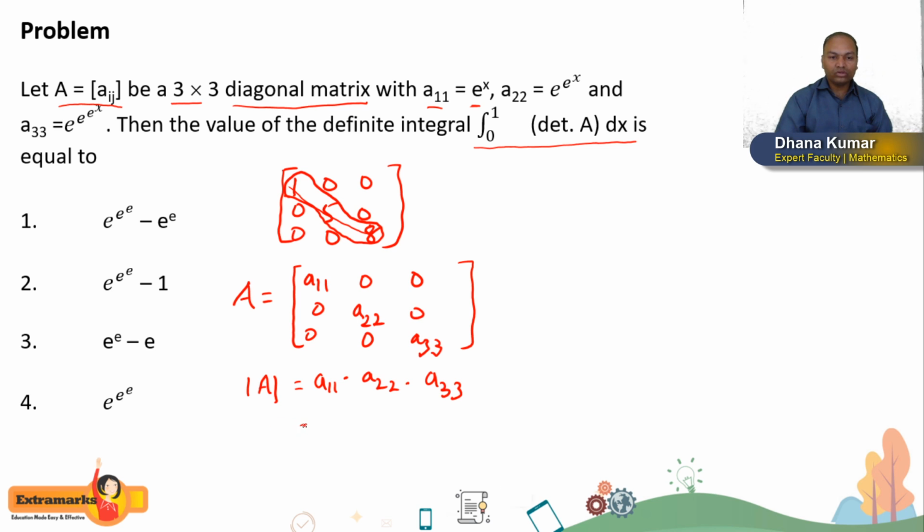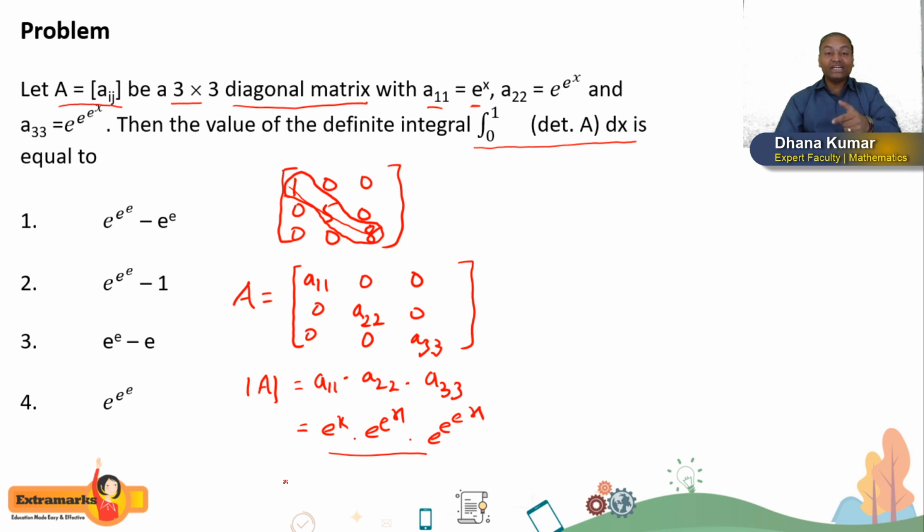So that is equal to A11 e power x, A22 e power x, A33 e power x. Now here we got the det A answer.